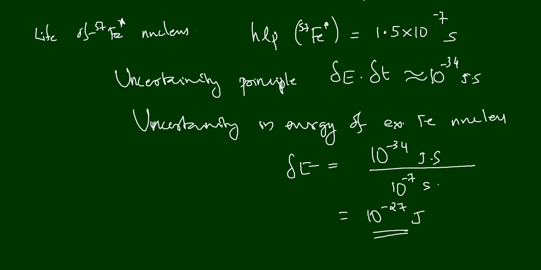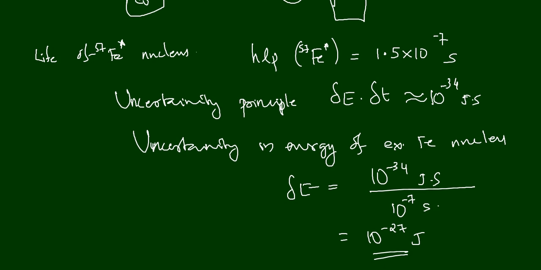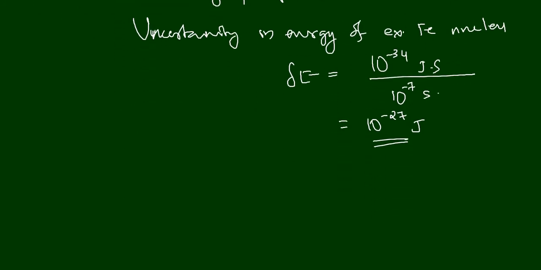So this is the point that we considered first: the uncertainty in the energy of the excited nucleus, which we got from the idea of the life of the excited iron nucleus. The second thing that we are going to consider is the line width.